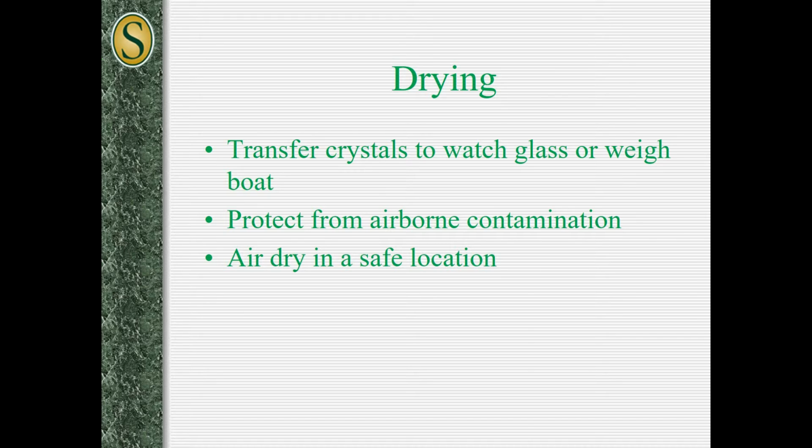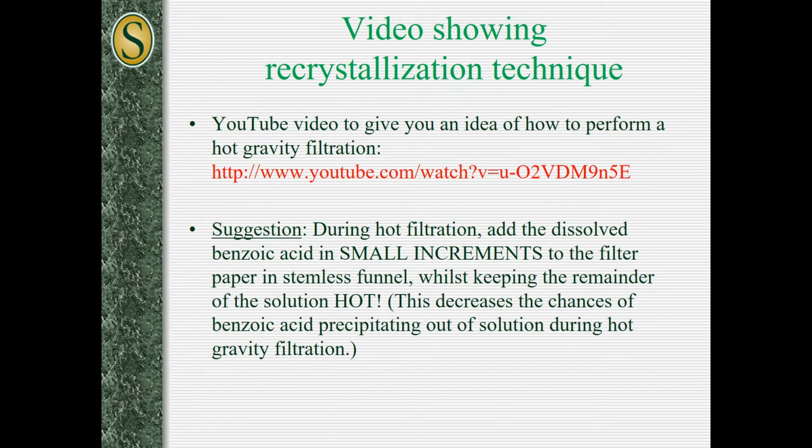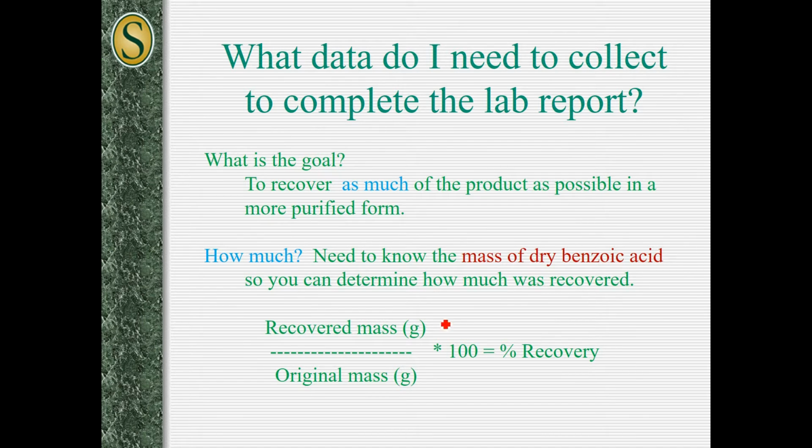After they dry, we'll weigh them, and because we pre-weighed the filter paper before, we're going to subtract the mass of the filter paper only from the combination of the filter paper and the crystals, and then get the percentage recovery. So this is what I'm talking about.